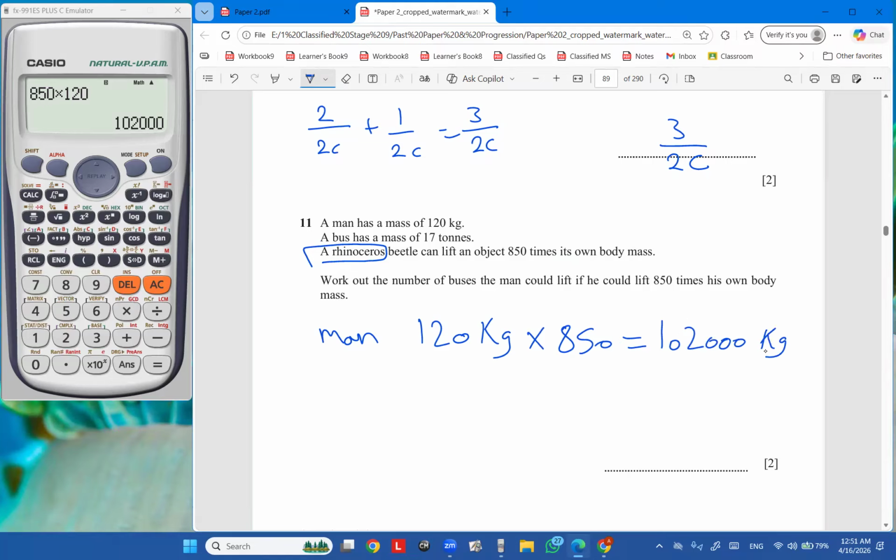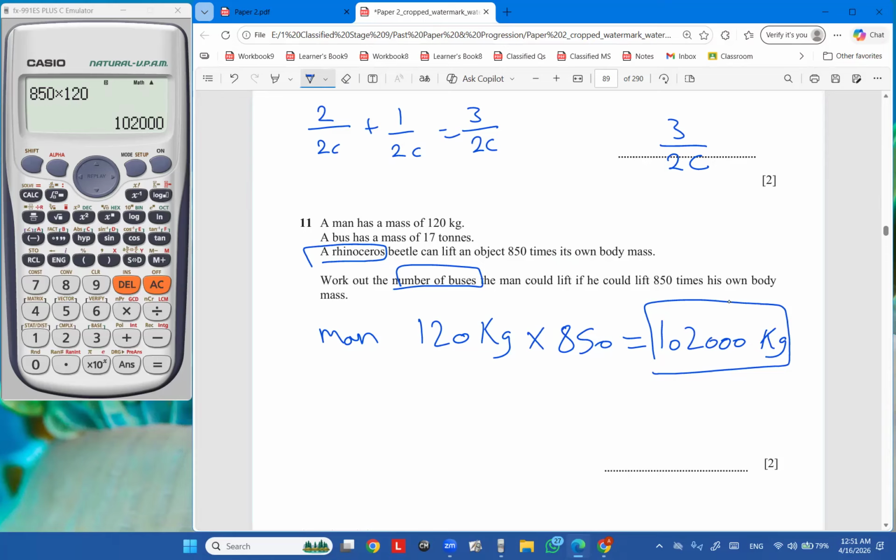This is what the man can lift. Definitely they're supposing if he could lift 850 times his own body mass. So that means he can lift up to 102,000 kilograms. But the question is, how many buses can he lift? So we know that one bus is 17 tons, which is 17,000, right?